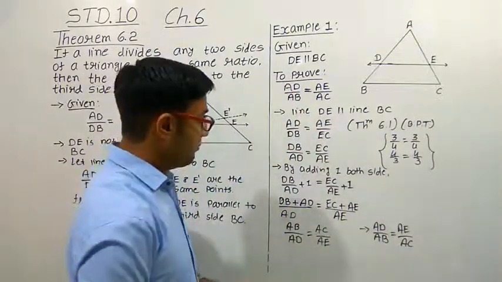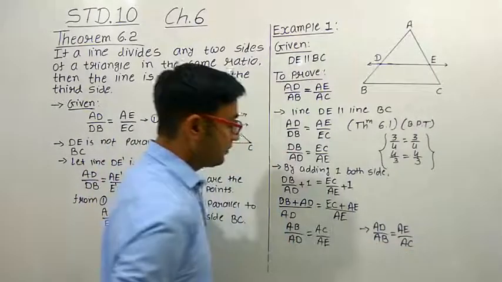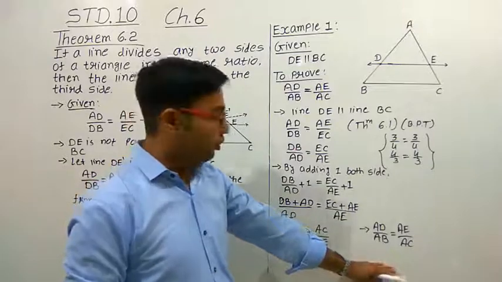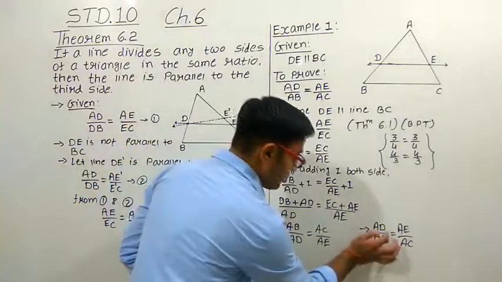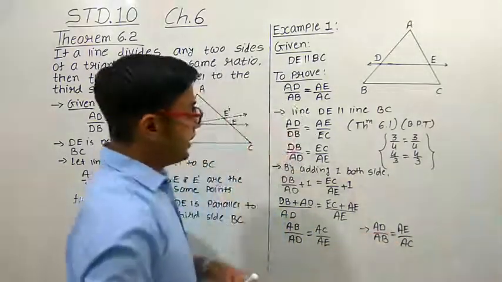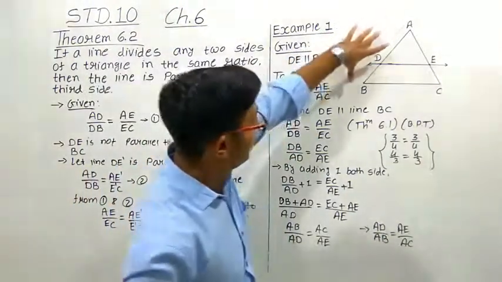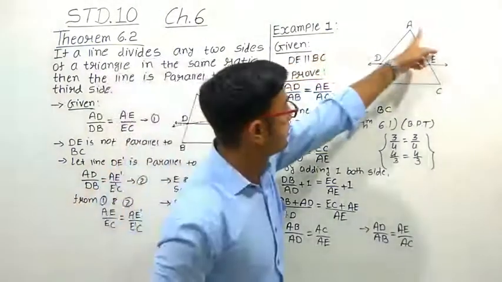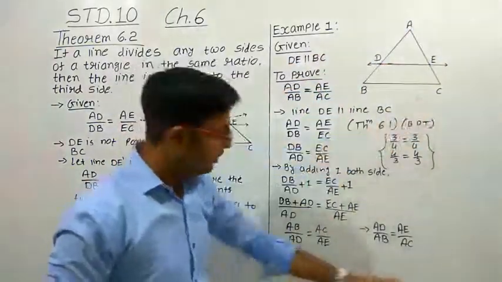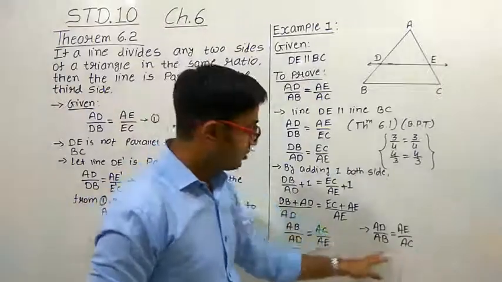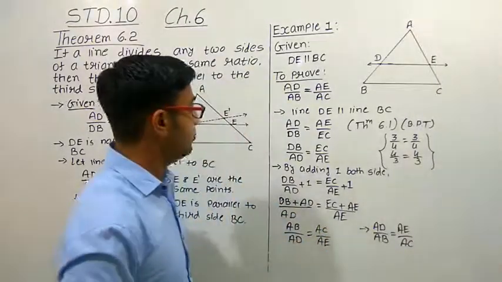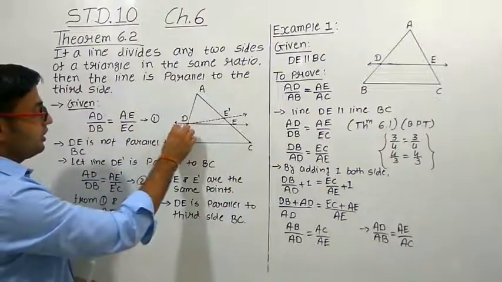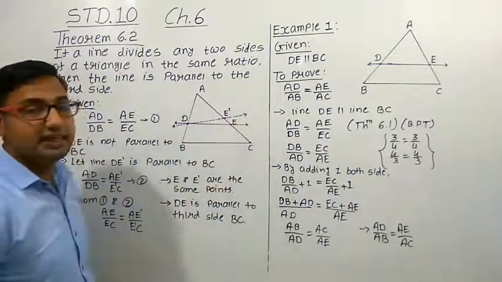In this way, this is another result we can use in the next sums that we are going to solve. We can take AD upon AB, this portion upon the total side, is also equal to AE upon AC, the total side. This is another result we can use, the same as AD upon DB is equal to AE upon EC.